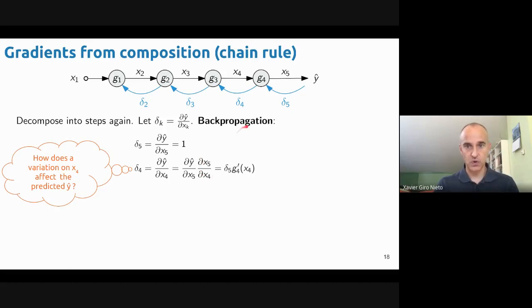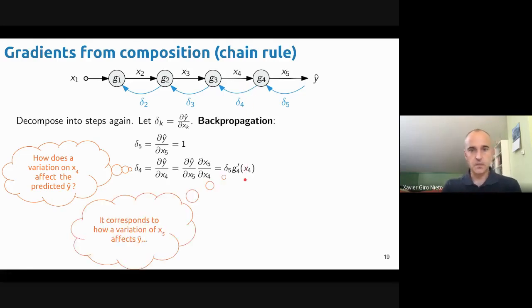This first term is what we call delta 5, and this new term we can reformulate: the variation of x5 with respect to x4 is the derivative of g4 evaluated on x4. It's telling us just compute the derivative of the function g4 and evaluate it on x4.